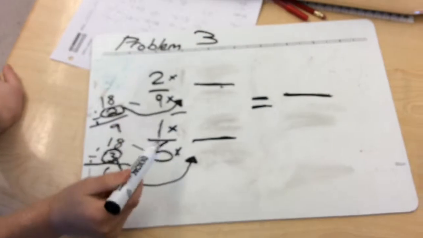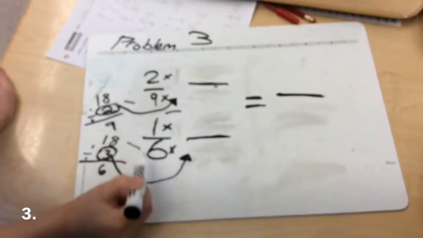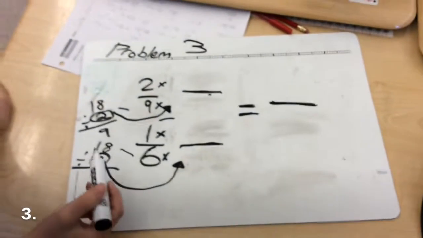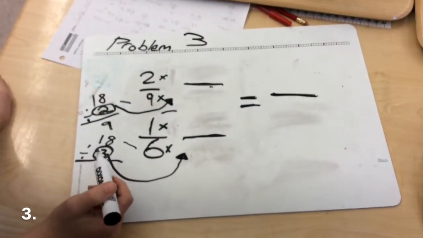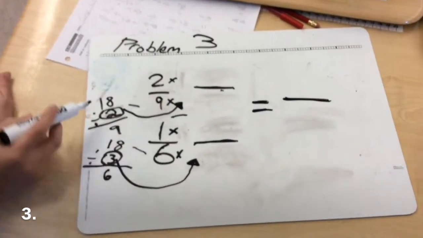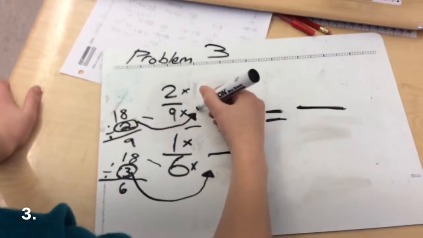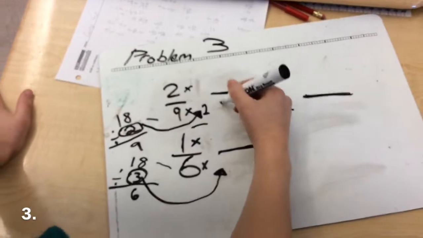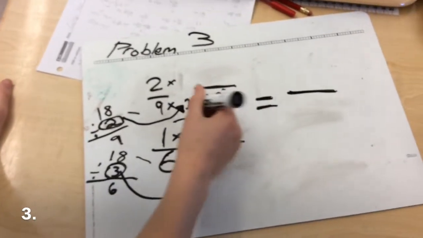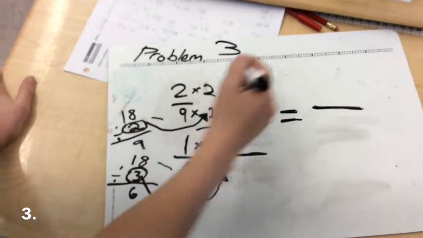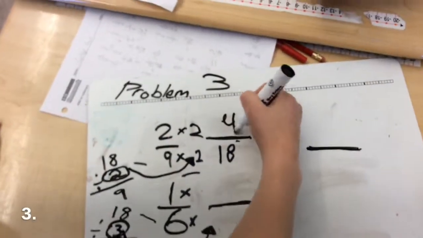2/9 minus 1/6. The bottom number isn't equal, so they need to both go into 18. They can both go into 18. So 18 divided by 9 equals 2. So 9 times 2 equals 18. So this would be an 18. And the same, whatever you do to the bottom, you do to the top. So 2 times 2 equals 4.